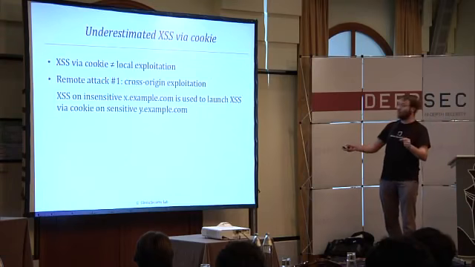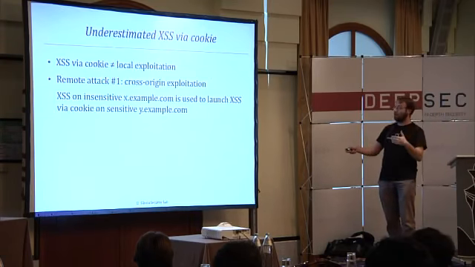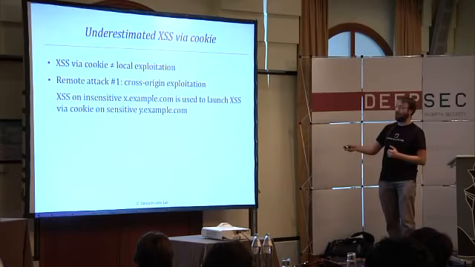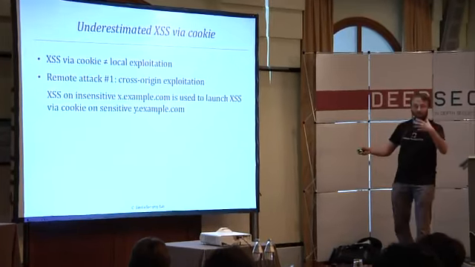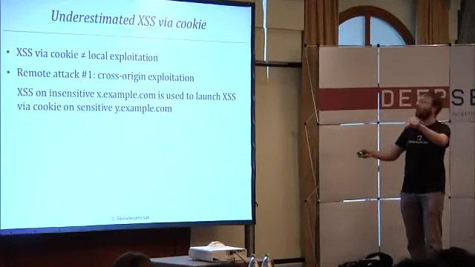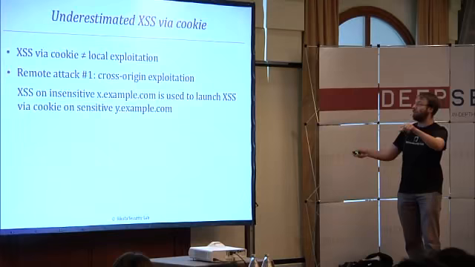But if you have XSS here, you can set a cookie with the domain example.com. You are on domain x.example.com, but you can set a cookie related to the core domain. And this is how browsers process cookies: when the domain attribute is specified, this cookie will be sent to this core domain and all subdomains.